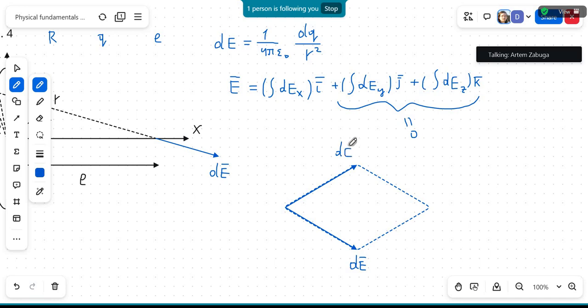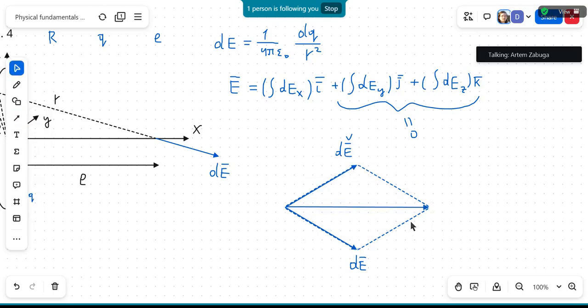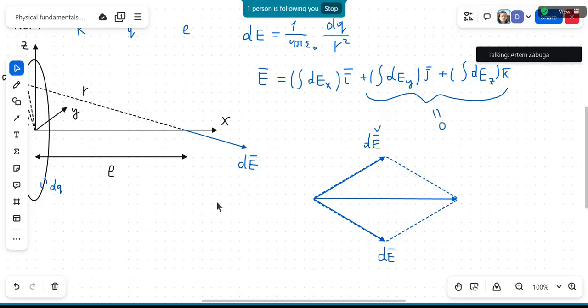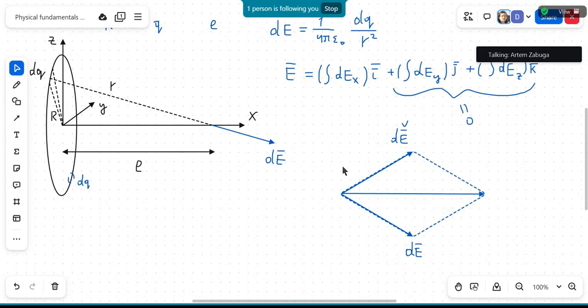So I will sign this like dE with head above it, and their sum, as you can see, will be directed in the same direction as axis x.